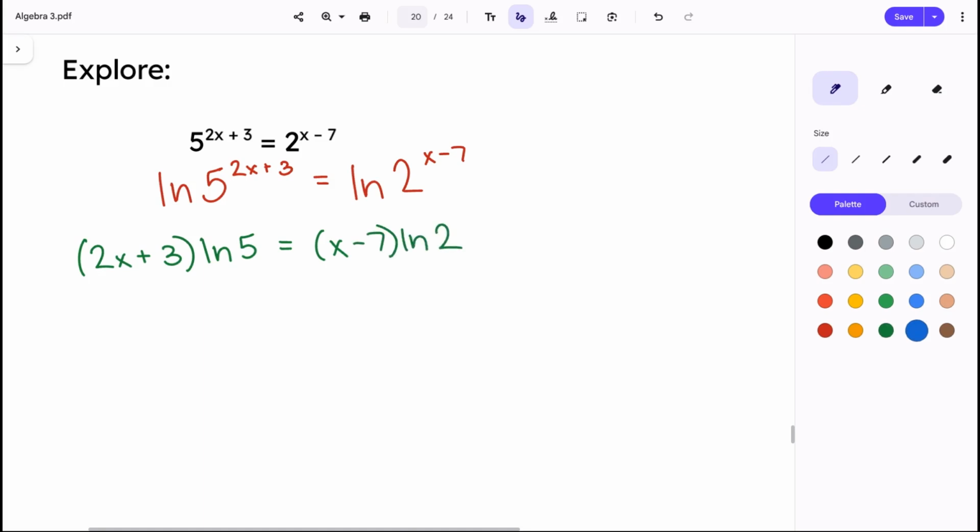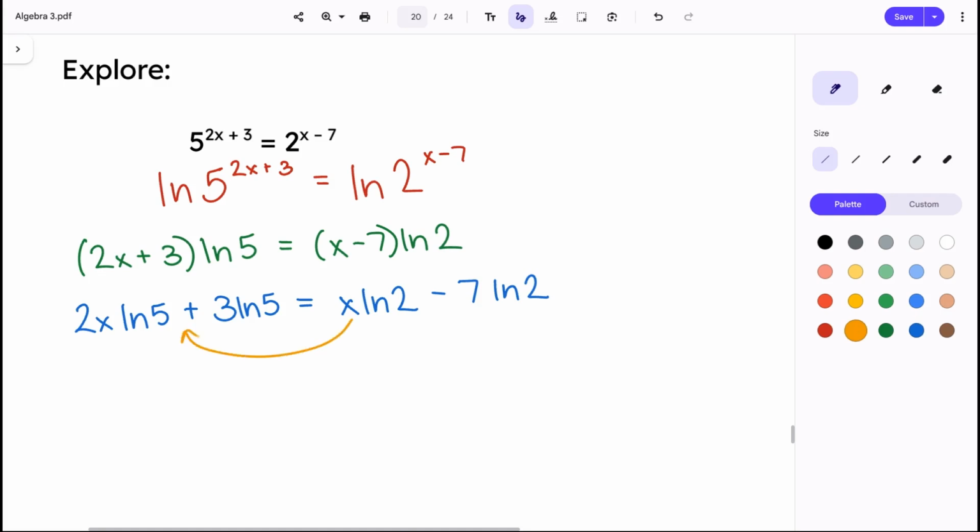Then I would distribute. And then I would have moved some things around. I would have moved the x ln 2 over to the left and the 3 ln 5 over to the right.